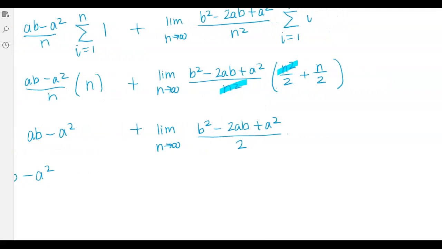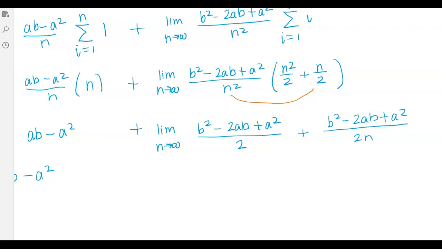And when I multiply the second, I'm only going to have one of the n's cancel, and so I'll have plus b squared minus 2ab plus a squared, still over 2n.